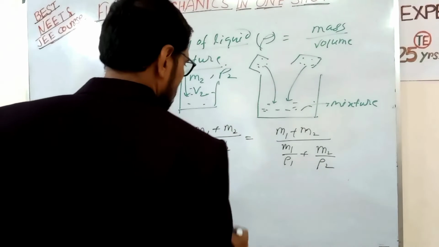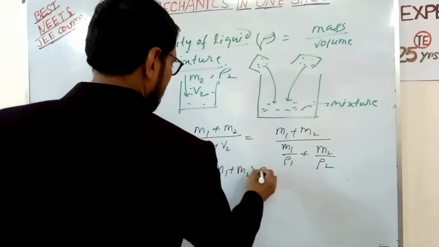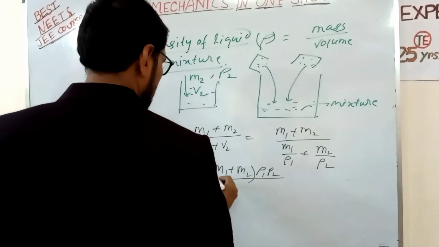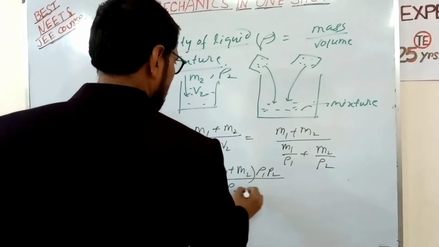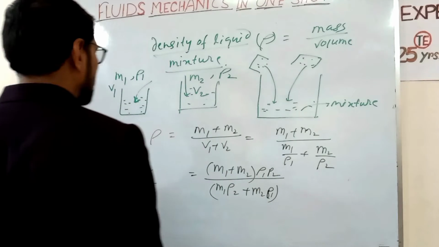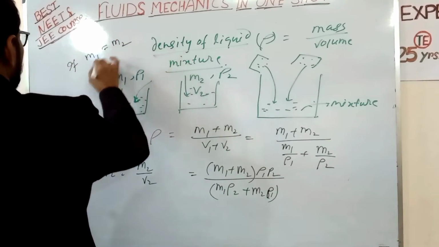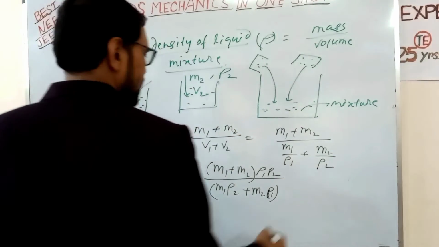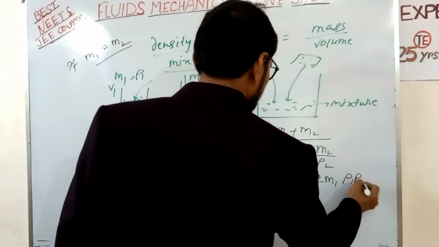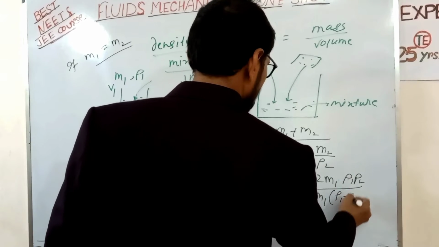Now if m1 equals m2, then we get 2 m1 rho1 rho2 by m1 times (rho1 plus rho2).